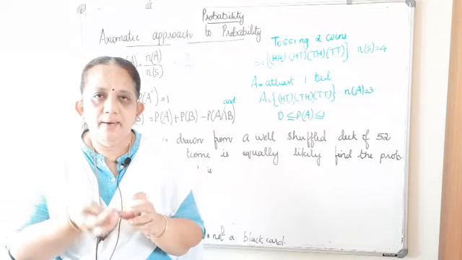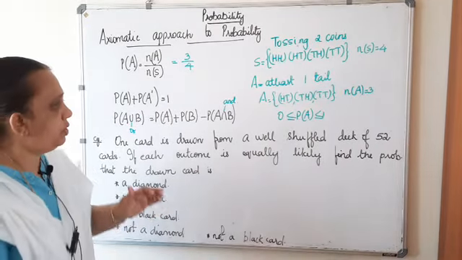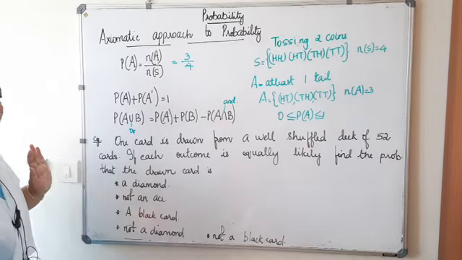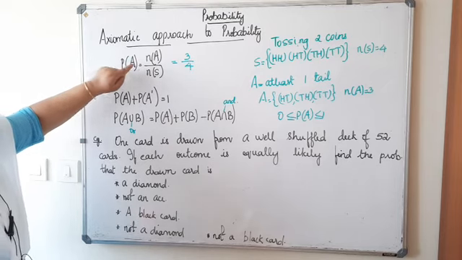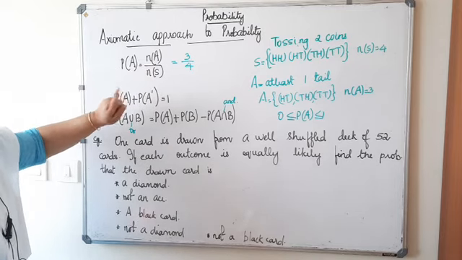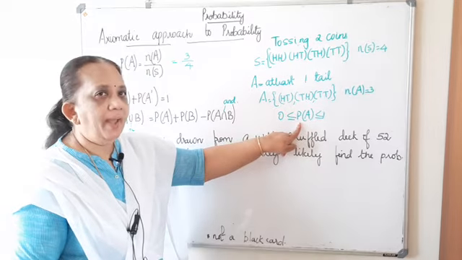Now let us consider the axiomatic approach to probability and its application. P of A is equal to N of A by N of S. Always remember that probability is always a number between 0 and 1.